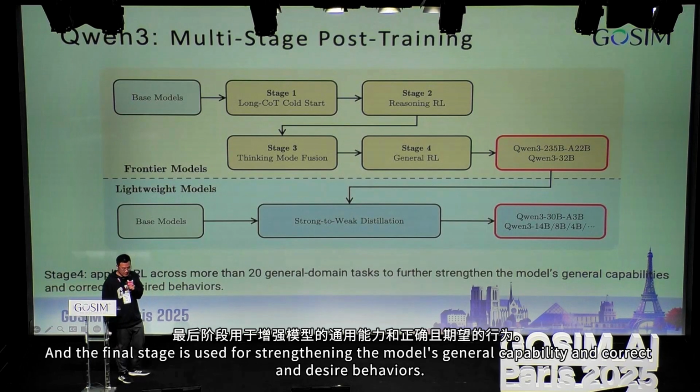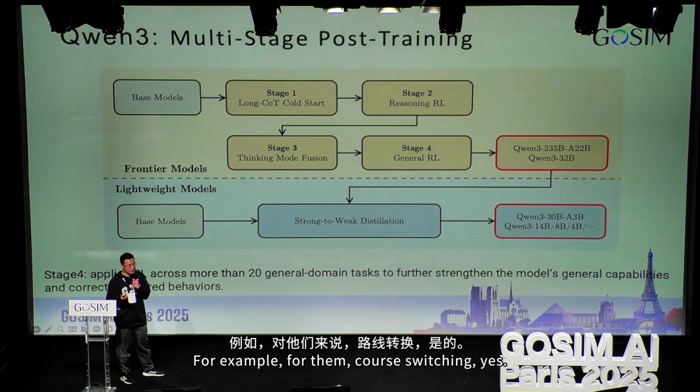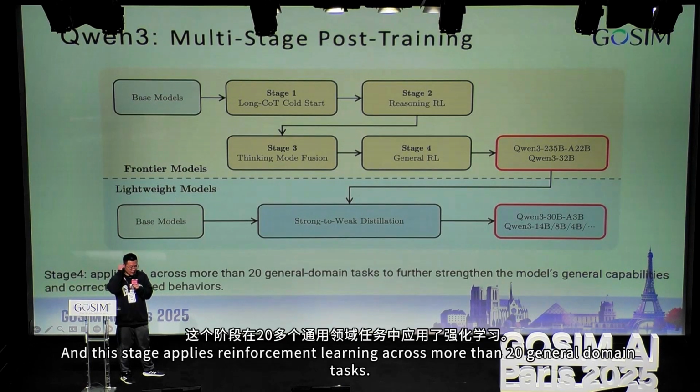And the final stage is used for strengthening the model's general capability and correcting undesired behaviors, for example, code switching. This stage applies reinforcement learning across more than 20 general domain tasks.